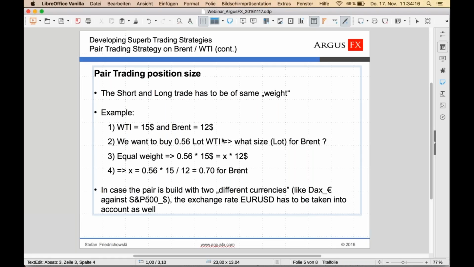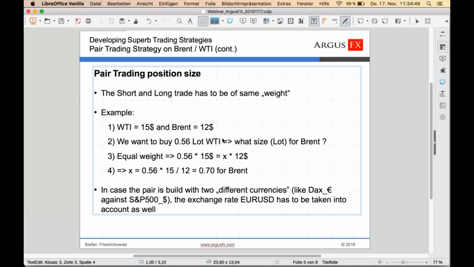And you might think, okay, the prices are always close to each other. You are right, at least for WTI and Brent. But think, later we want to translate that strategy, for example, to S&P 500 versus Dow Jones. The one is at about 2,000, the other is at about 18,000, the value of the index.